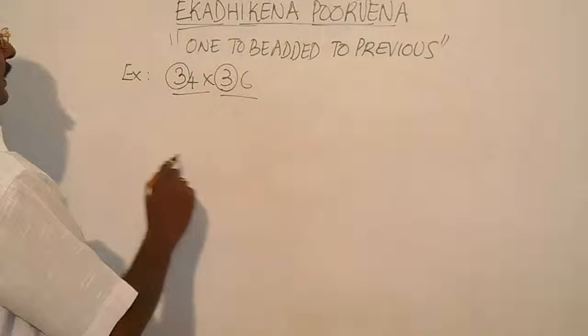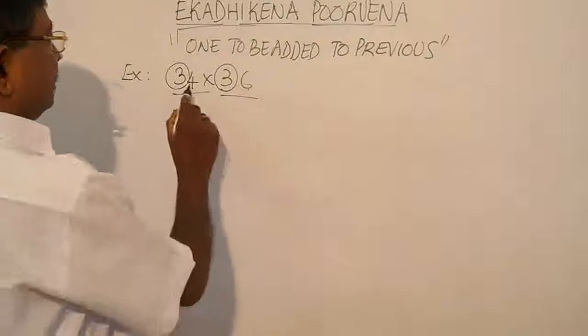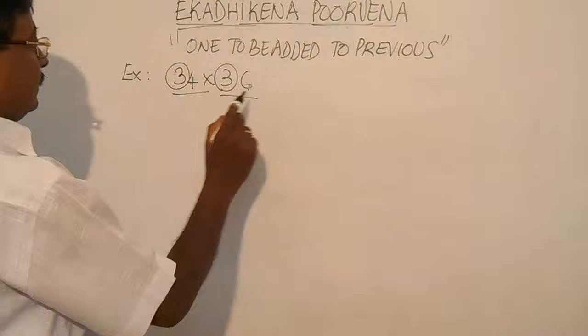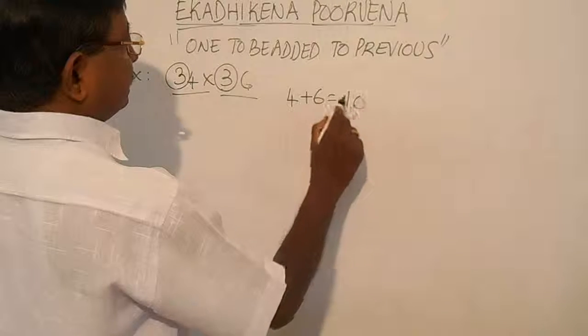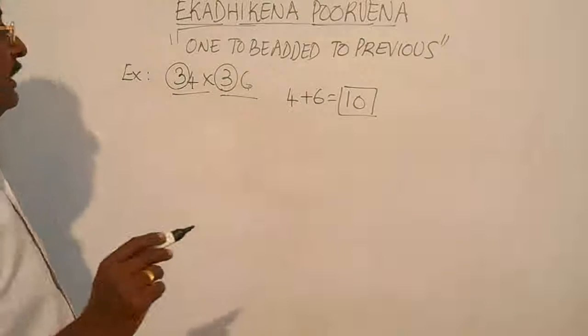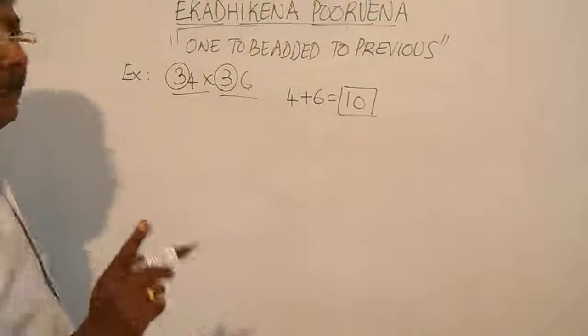Next, 4 is in the unit place, and 6 is in the unit place. The sum of the last digits of 34 and 36 is 4 plus 6, equal to 10. So it meets our first situation requirement, the sum of the last digits equal to 10.